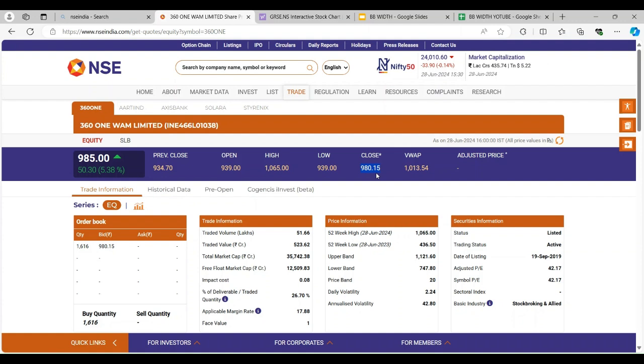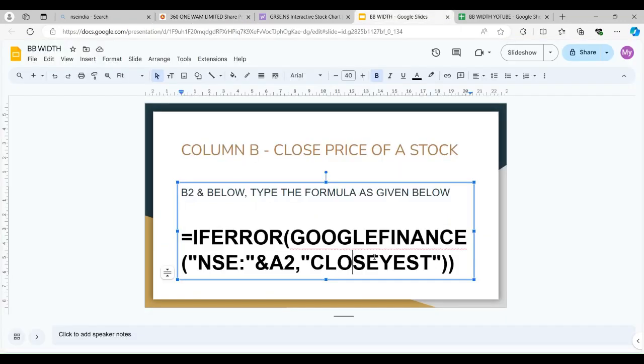If you are working on weekdays, let's say you have given this formula on Tuesday, this will automatically take the Monday price. If you are working on a sheet on Wednesday, it will take the close price of Tuesday. If you are working on a sheet on Thursday, it will take the close price of Wednesday.